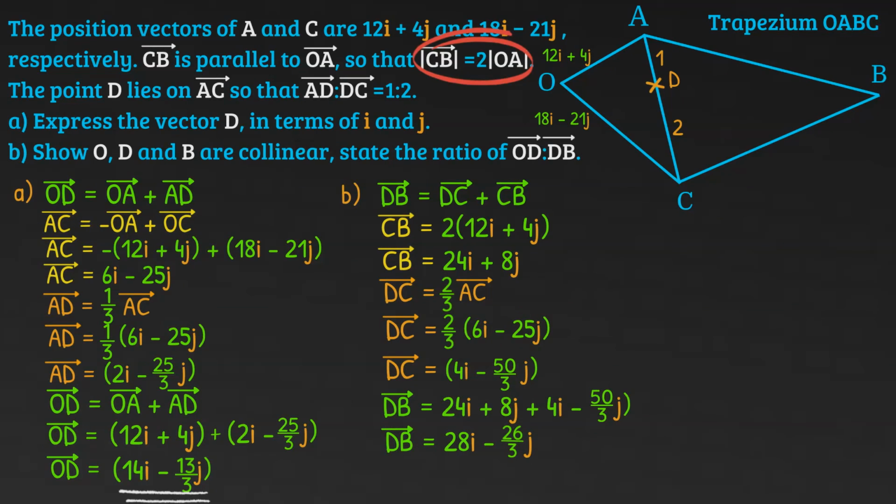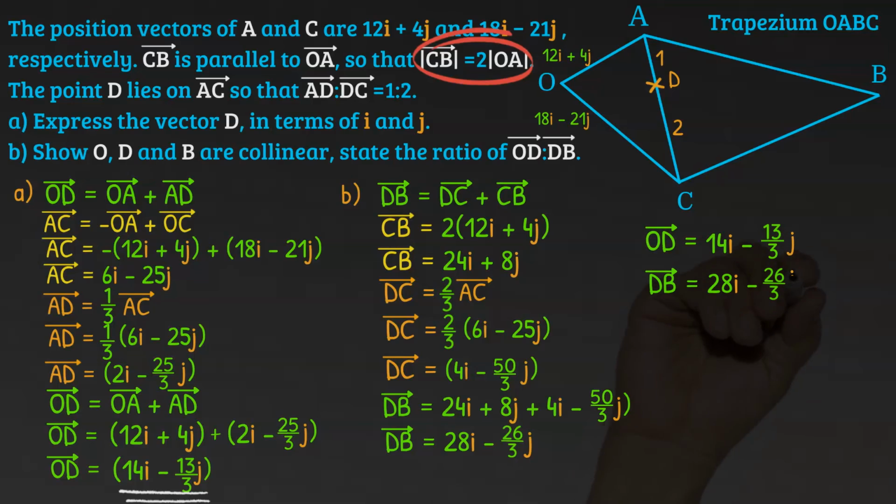Now we worked out the vector OD in part A, so now we can write down OD and DB next to each other. Now as you look at them side by side, you can clearly see that DB is exactly twice OD. Now this proves that they are collinear because one is a scalar multiple of the other, and they also share a common point, which is D.